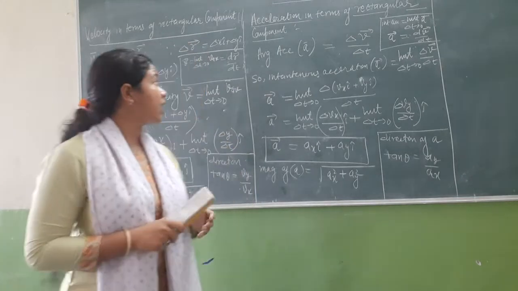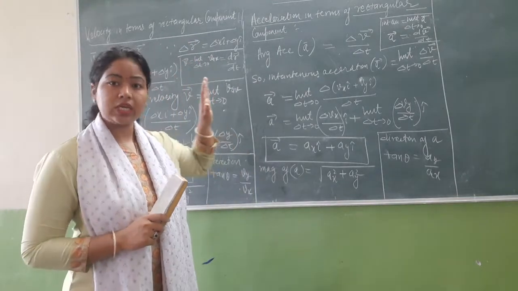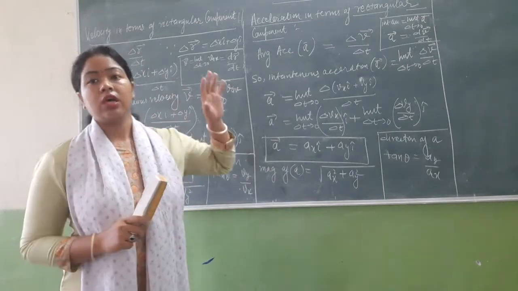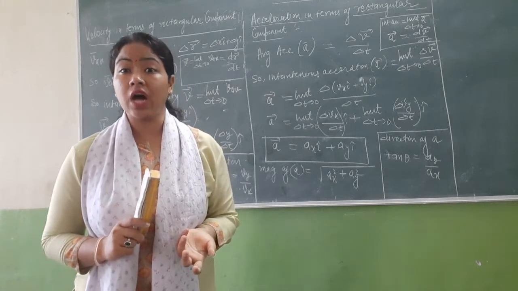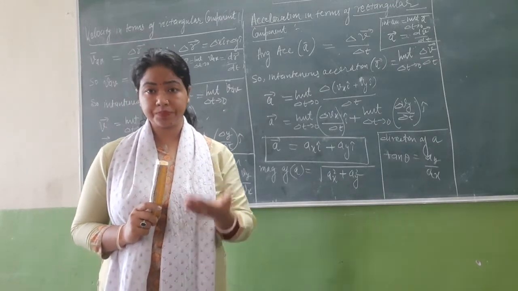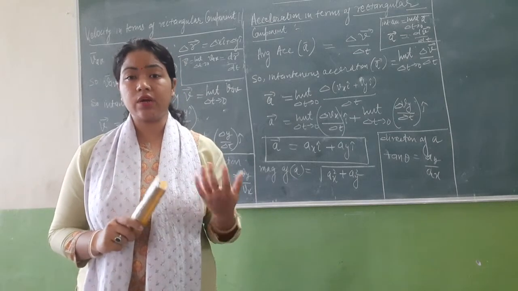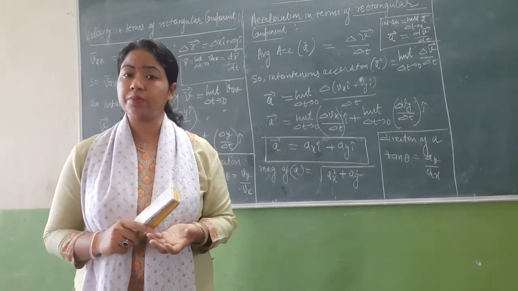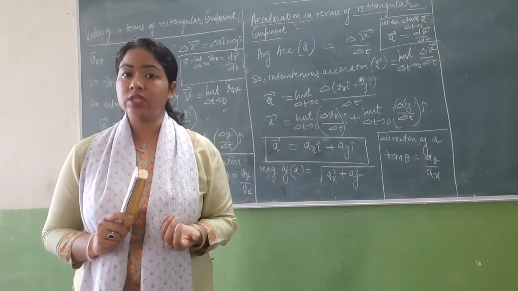So simply, if you have the average value of velocity and we apply the limit, at what aspect are we applying the limit? The denominator of that quantity. Suppose for velocity, that is the rate of change of position, or displacement upon time, we are calculating the velocity with respect to time.